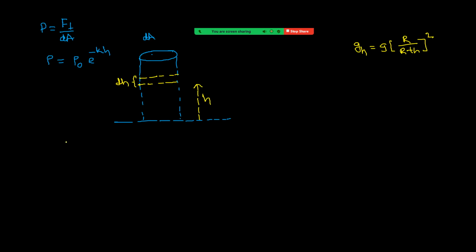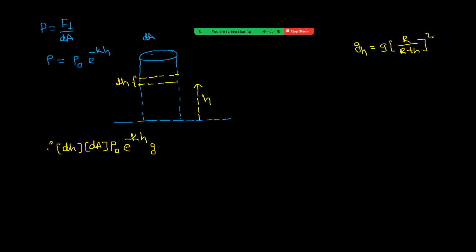So here, the weight of this layer. First focus on the volume, dh into dA. That is the volume of the air present in this layer. Volume into density, and density is now rho naught e power minus kh. Area into height is volume, volume into density is mass, into g.